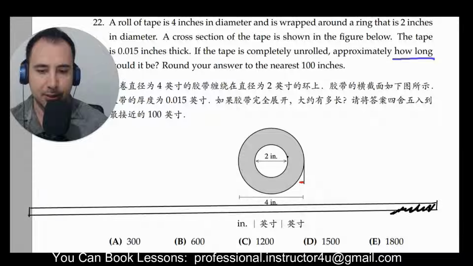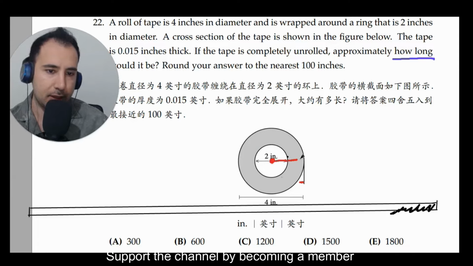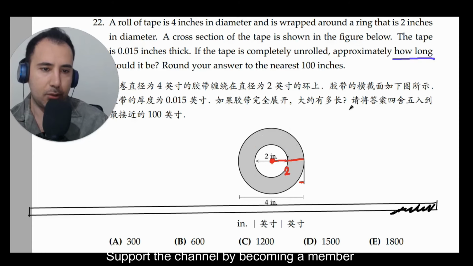So let's first go and find this. What is the area of this shape, the bagel shape? From here, this is 1 inch. From here to here is actually 2 inches. So the area of the big circle will be pi times 2 squared.